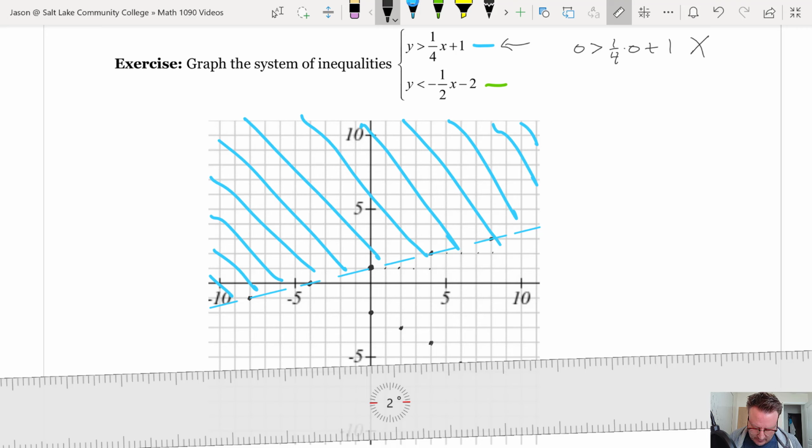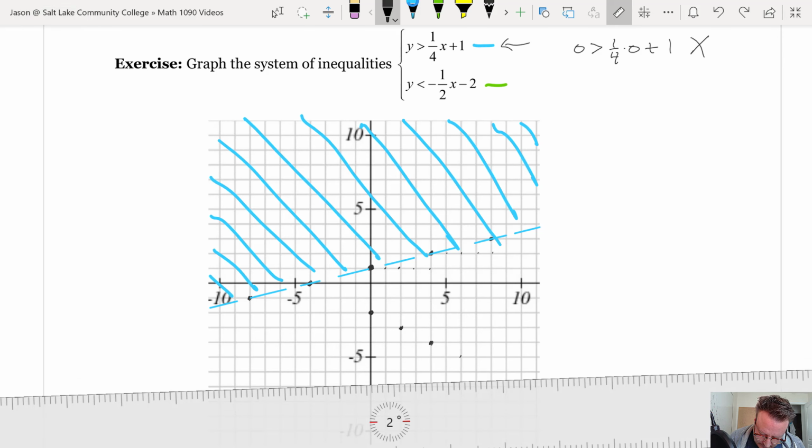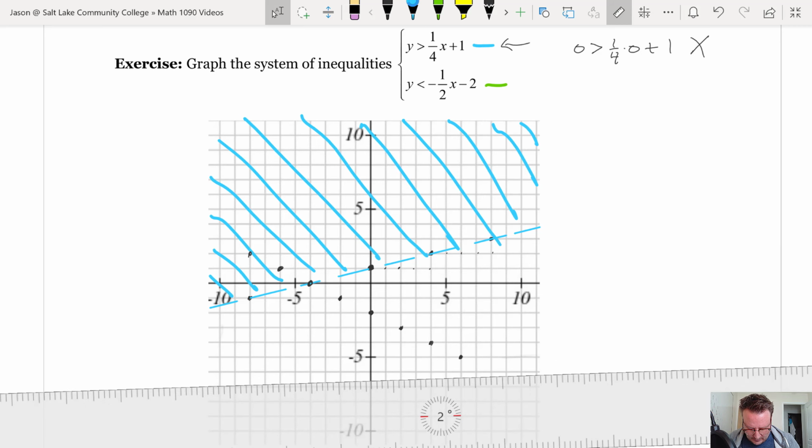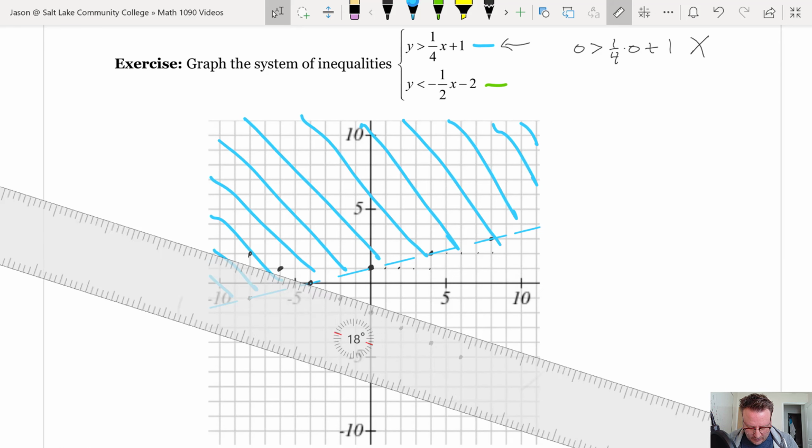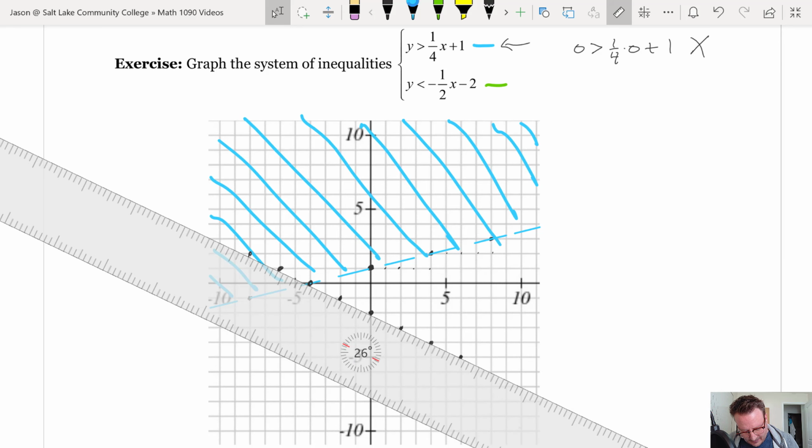Right there. Going the other direction puts me here, and here, and here, and here. Okay, this ruler doesn't want to move. There we go.